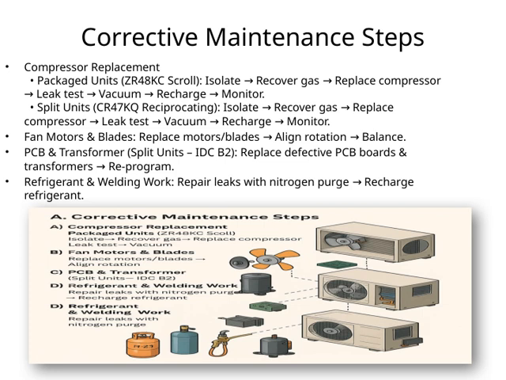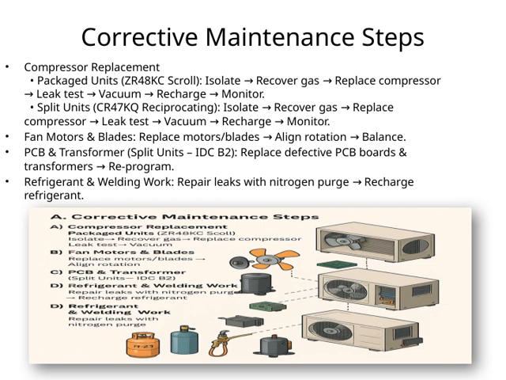When it comes to PCBs and transformers, especially in split units like the IDC-B2, we focus on replacing any defective PCB boards and transformers. After replacement, reprogramming the control boards is crucial to restore the proper operation of the unit. Lastly, for refrigerant leaks and welding work, we first repair leaks using nitrogen purge to keep the system clean and prevent contamination during welding.